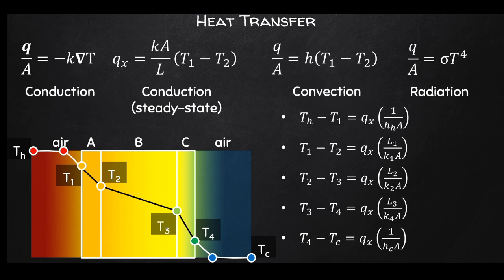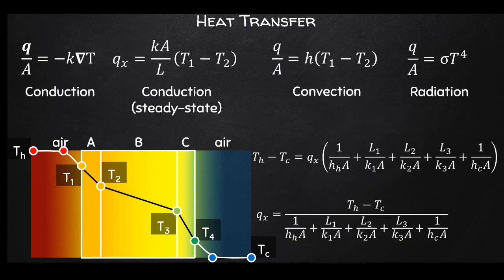What we will end up with is simply T hot minus T cold, which is equal to the heat being transferred straight across the entire control volume multiplied by all the convective heat transfer coefficients and thermal conductivities, specifically the reciprocals of these.